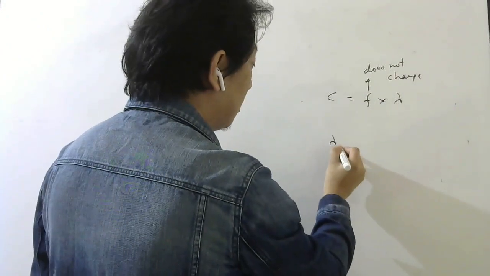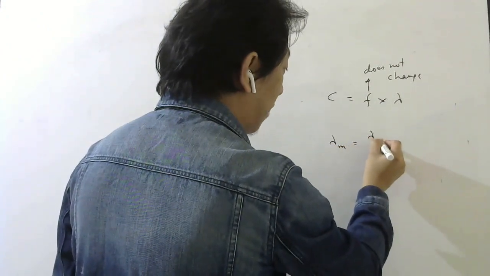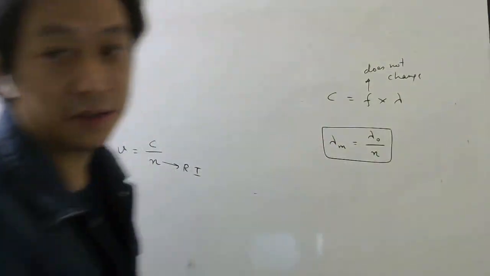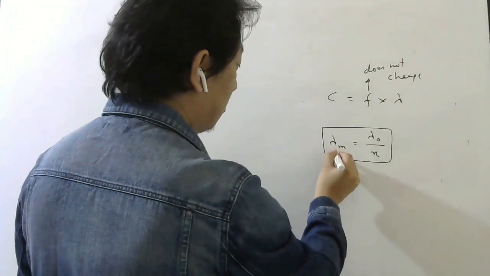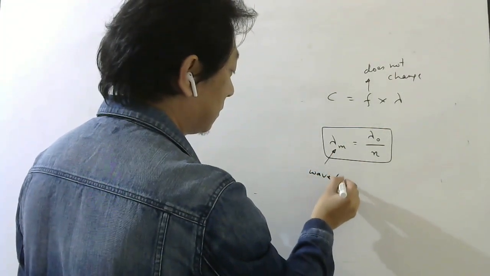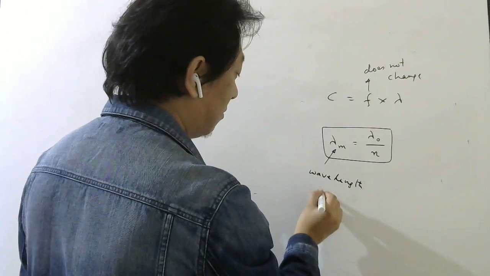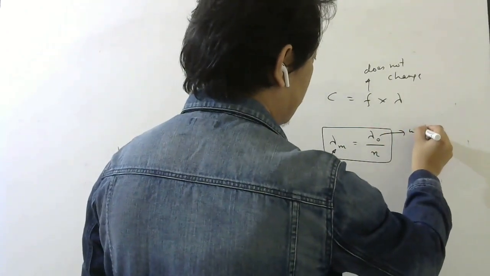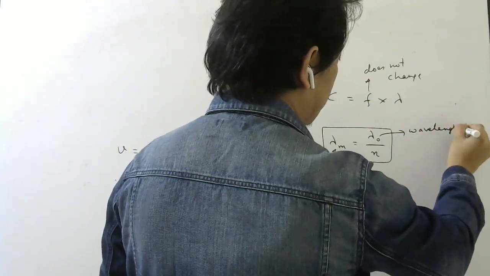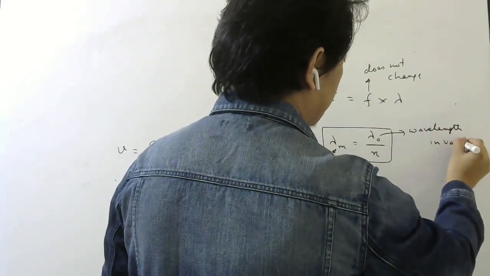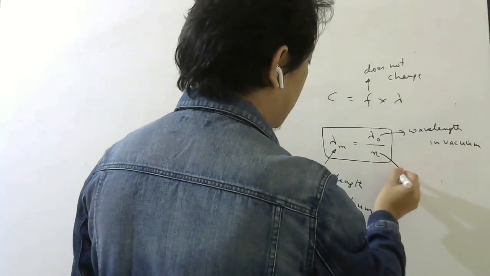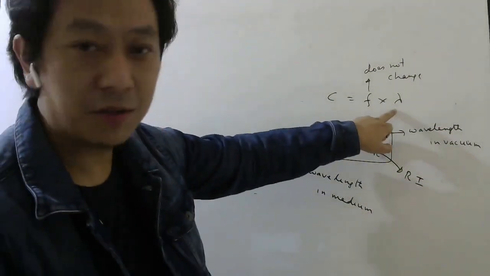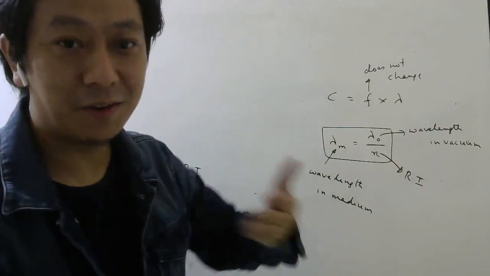So the wavelength in medium must be the wavelength in vacuum divided by the refractive index of the medium. Because the speed decreases, the wavelength should decrease obviously, because the frequency remains constant from medium to medium. So please remember this, okay?